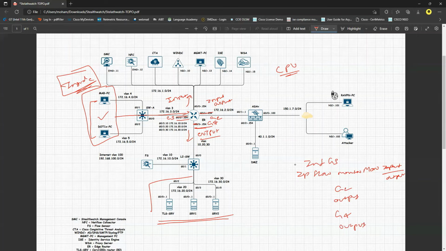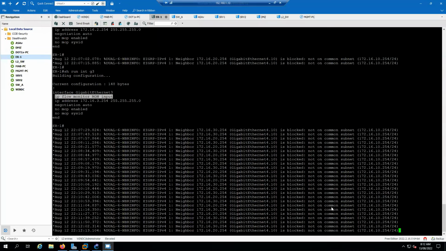So in this way, I'm not putting burden on my router, because these two interfaces are output. That means if any traffic is communicating with the internet, then only it will capture, or any traffic which is communicating with the server farm, then only the traffic will be captured. All right, so that's your configuration. That's how you will be applying on the interfaces.